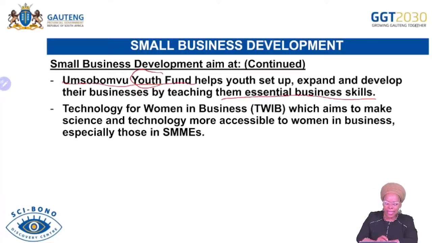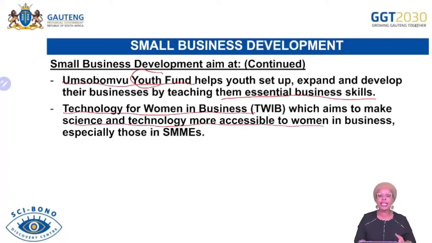We also have Technology for Women in Business, TWIB, which aims to make sure that science and technology is more accessible to women in business, especially those in the small, medium, micro enterprises.